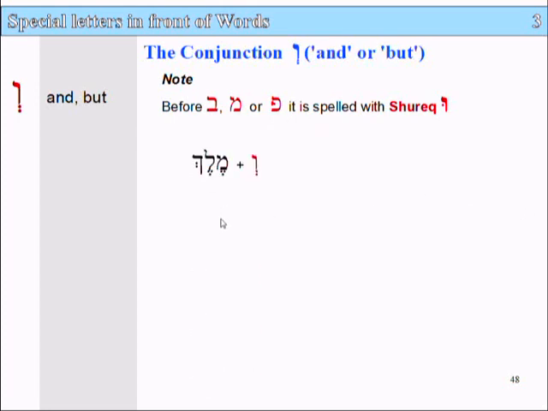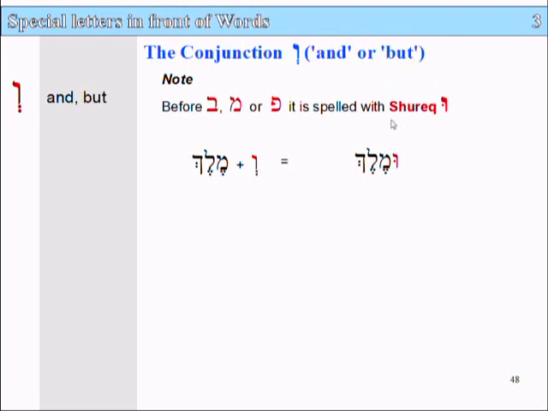So if we have the word for king, Malik, mem lamed final kaf, and we add a vav, we get u-Malik, not va-Malik, but u-Malik. Vav with a dot in it, which is a shurek. So the vav is changing to a vowel sound. That's what the shurek is.